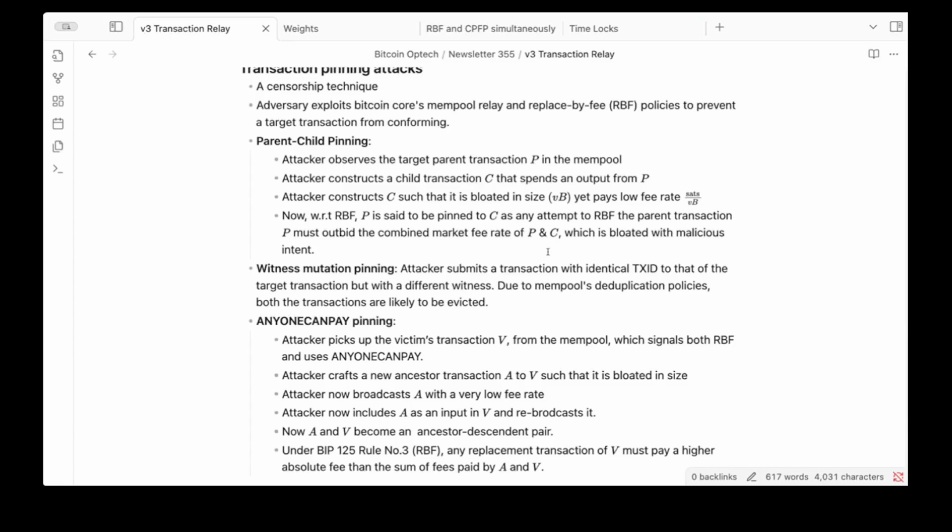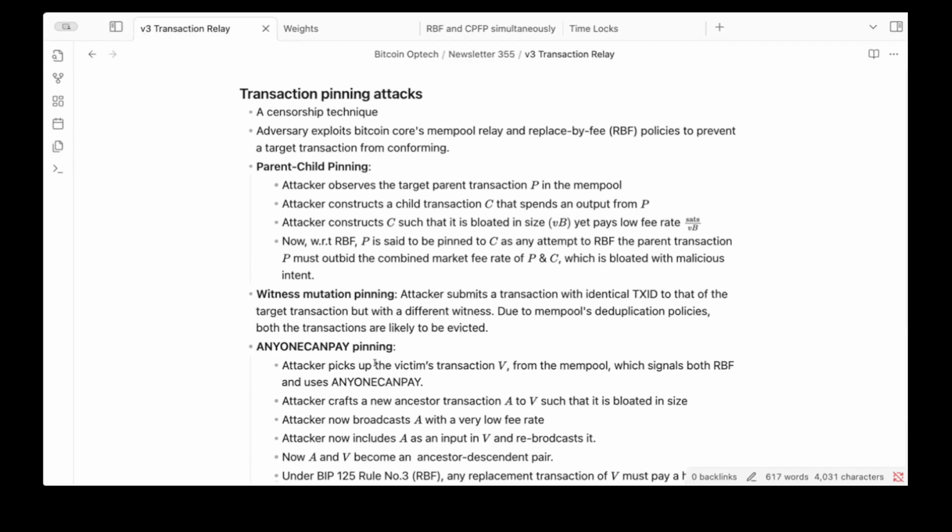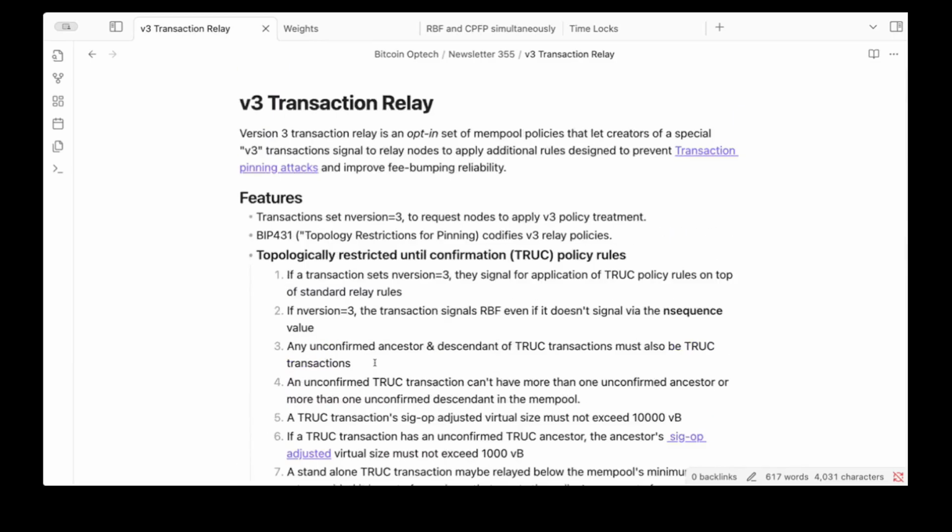It's a malicious transaction that has been put in place only to make it prohibitively expensive for the parent. So this is how pinning happens. There are other types of pinning, such as witness mutation and anyone-can-pay pinning. The basic idea is that an attacker tries to make a transaction prohibitively expensive. So that is transaction pinning.